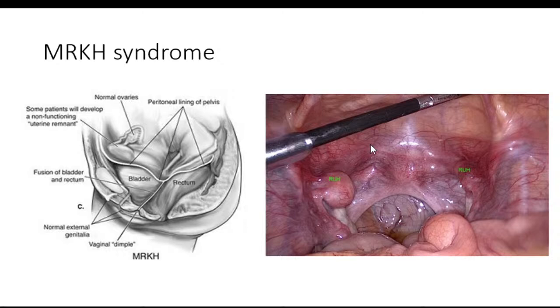And the same photograph, but done laparoscopically, you can see no uterus, only rudimentary remnants of the uterine body, and the tube, left ovarian tube and left ovary is seen, and the right ovary is seen on the pelvic wall side. And this is the pouch of Douglas. So no uterus is developed, no vagina also usually. So primary amenorrhea with normal ovarian function.